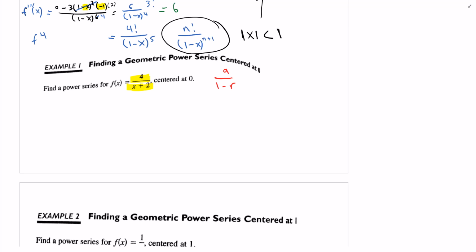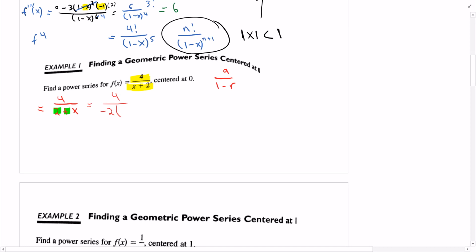So in this case, let's start by writing it as 4 over 2 plus x. So we need this 2 to be a 1, and we need this plus sign to be a negative sign. So we're basically going to factor out a negative 2 from the denominator.